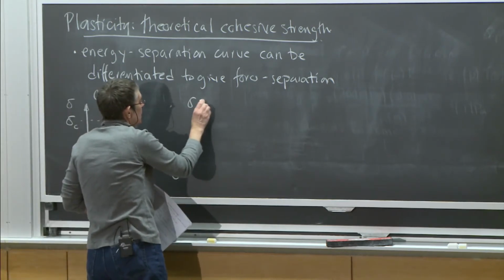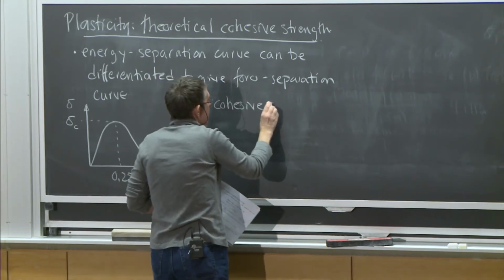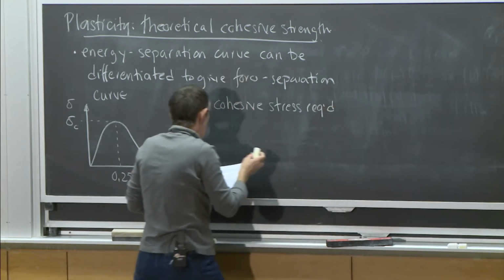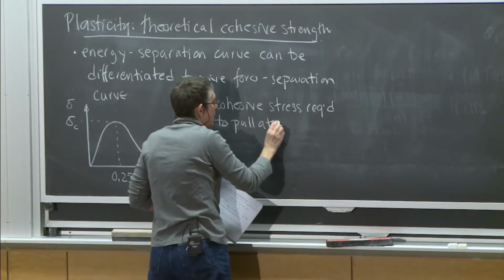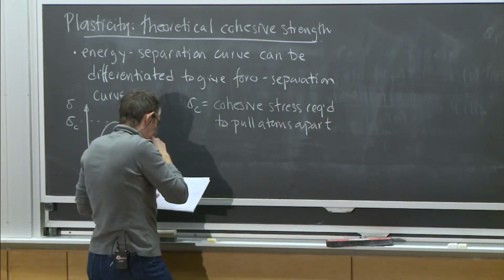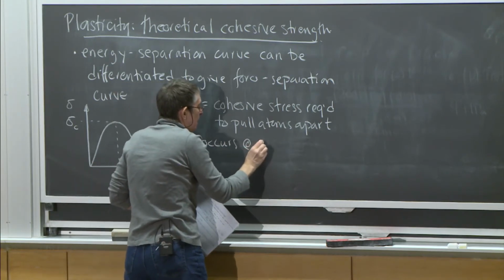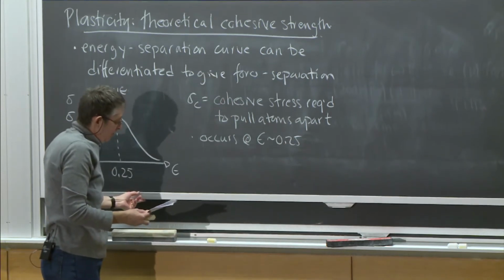So here sigma c is the cohesive stress required to pull the atoms apart, and that occurs at a strain of about 0.25.